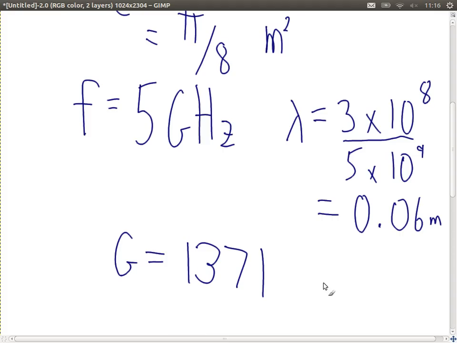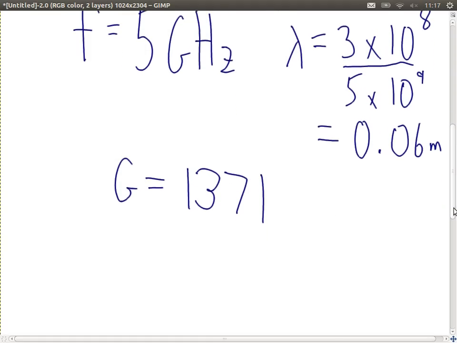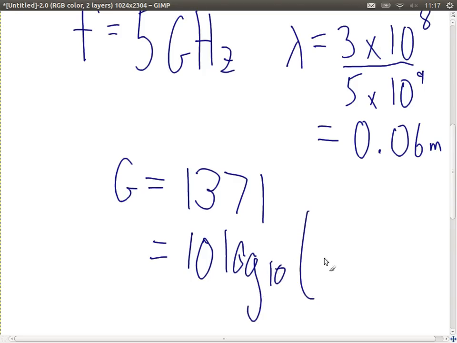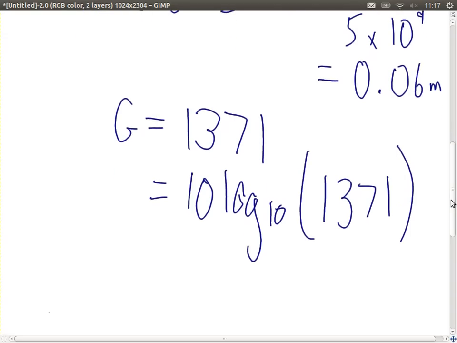Convert it to dBi. So this is the absolute value, not in decibels. Now convert it to dBi. And with a calculator, I've done it before, and it is about 31 dBi.